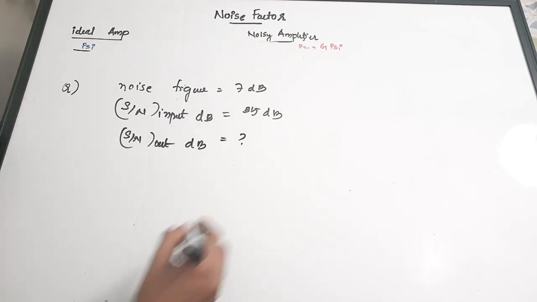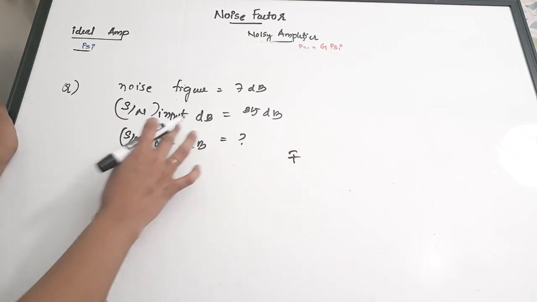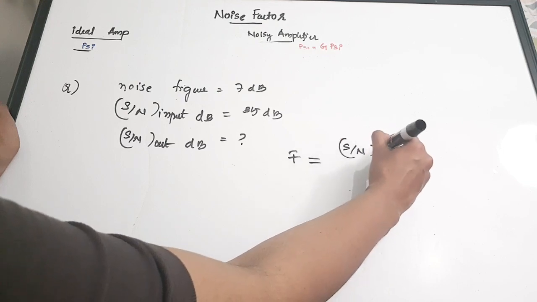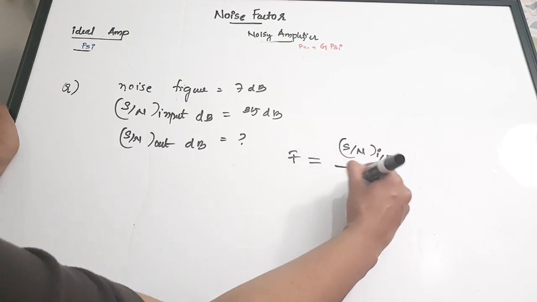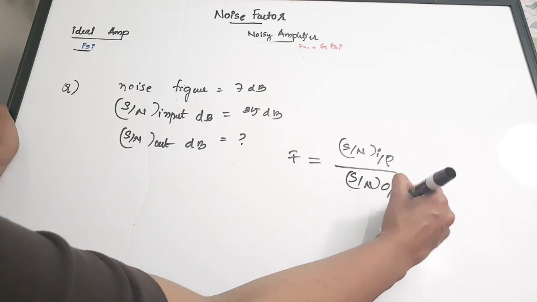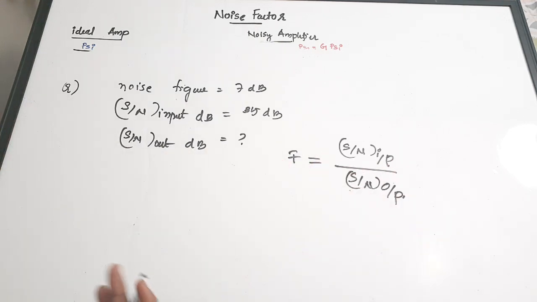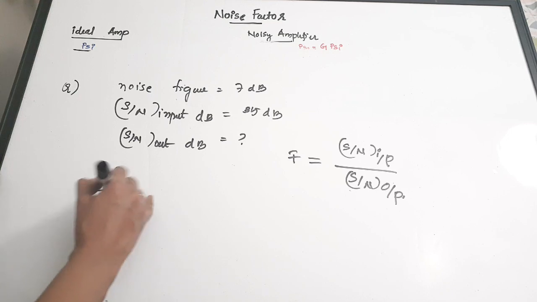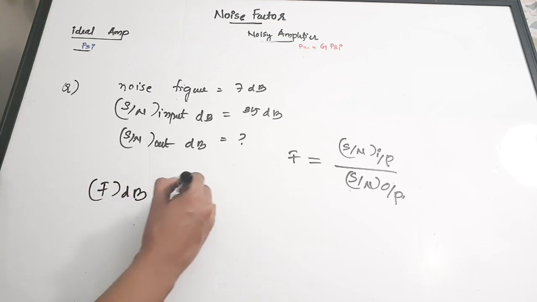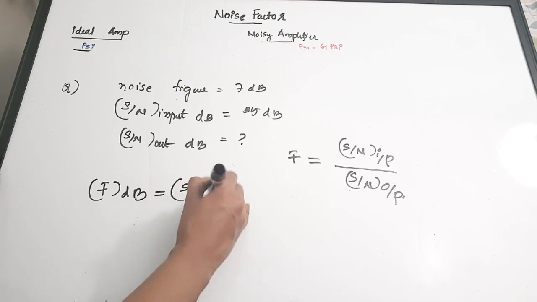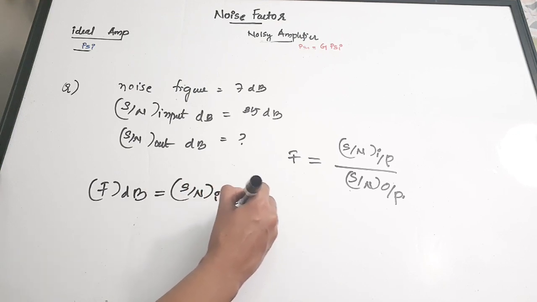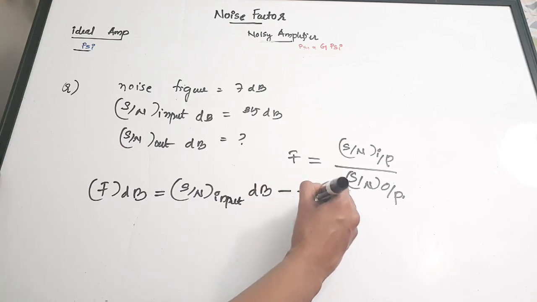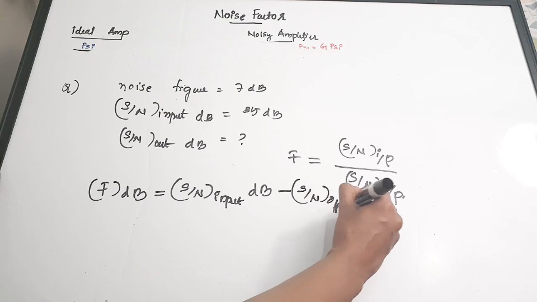So what is the relation between the noise factor, S by N input and S by N output? Noise factor F is equal to S by N input by S by N output. Now if you take the dB values, then you can write F in dB is equal to S by N input in dB minus S by N output in dB.